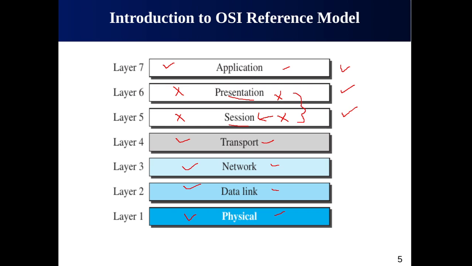Are the services provided by these layers, like the presentation of the data and the session established between two devices, not important, which is why we are skipping them? Or if an application needs the services of these two layers, what will it do, because the layers are not present in the TCP model, and the actual implementation of the internet is based on the TCP model, not on the OSI model.